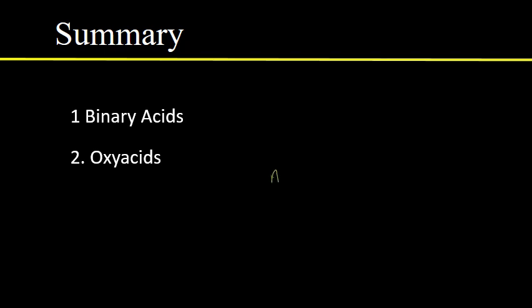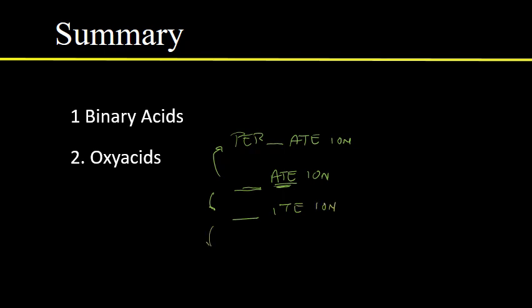If you start with the ate form of some oxyanion, if you add one oxygen, the name changes to per-ate ion. If you decrease by 1, it goes to ite ion. And if you decrease again, then it goes to hypo-ite ion.